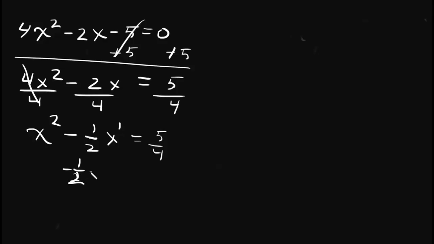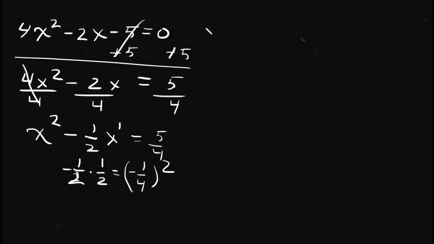We're going to multiply by 1/2. Negative 1/2 times plain old 1/2 gives us negative 1/4. So we take our linear coefficient, we halve it, we square it, and then we add it to both sides.